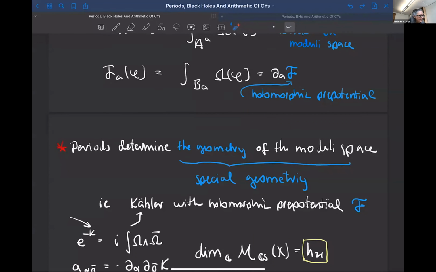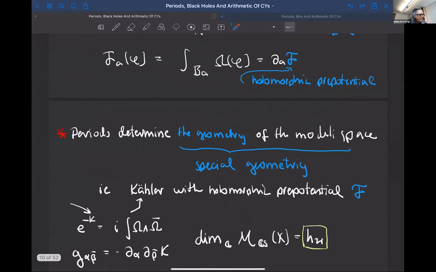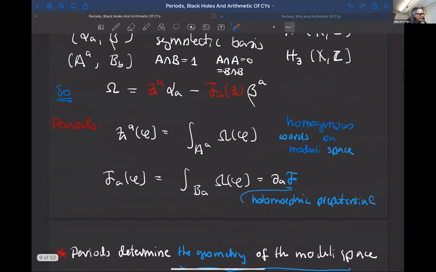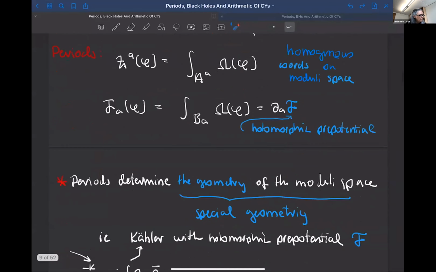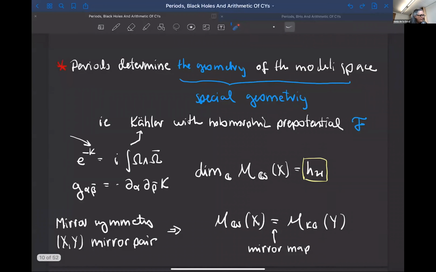So all these facts are well known. I won't prove any of these, right? But we need to keep in mind, particularly, the fact that we have these periods for the holomorphic (3,0) form. Philip later will need a little more than just the periods. I mean, the moduli space is Kähler, right?